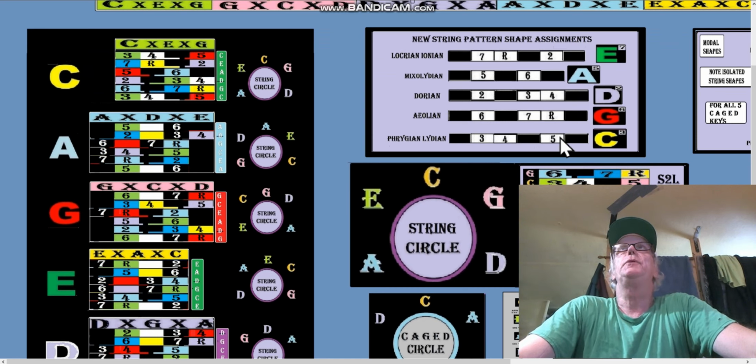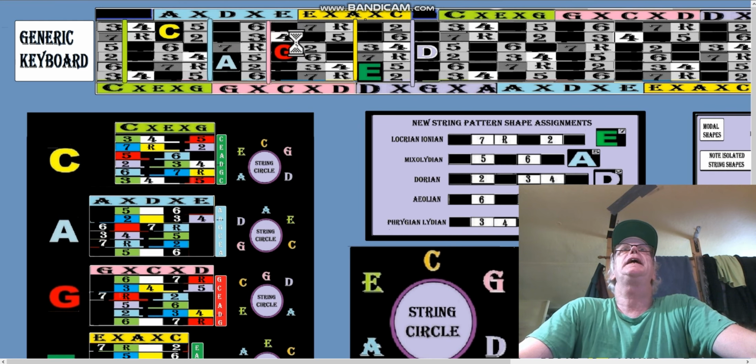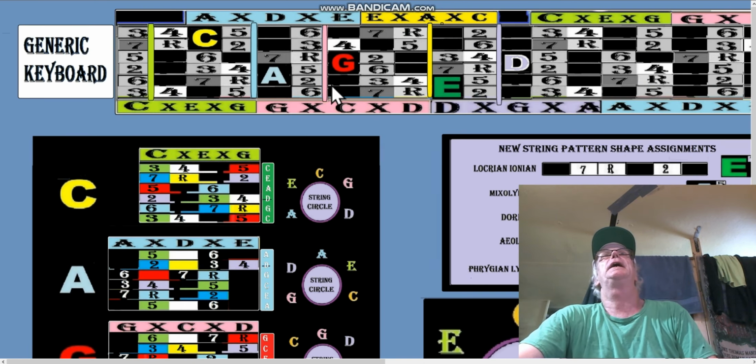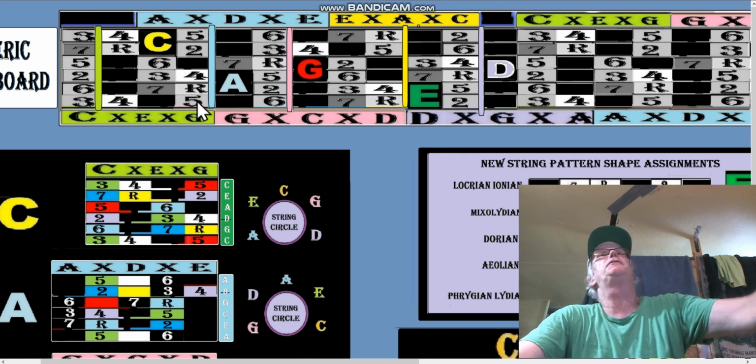If we look at the C-shaped string, let's say in the key of A, the 3, 4, 5 is the same numbers, but it's no longer in the same place on the fretboard. So in the A fretboard, this would be the fret nut, and we'd have E becoming the fifth. So your low E would become the fifth there.